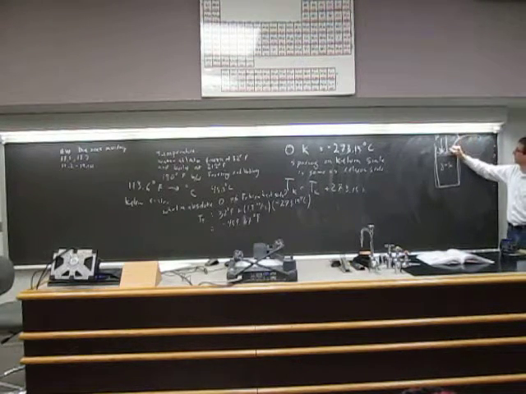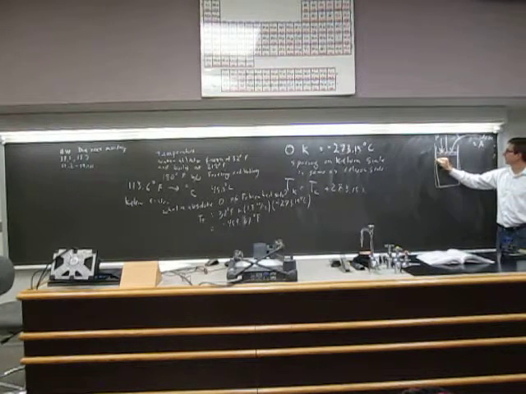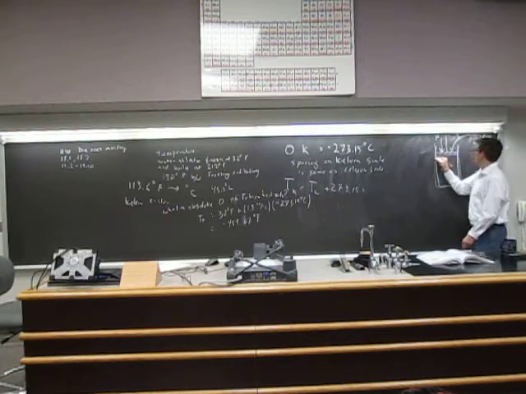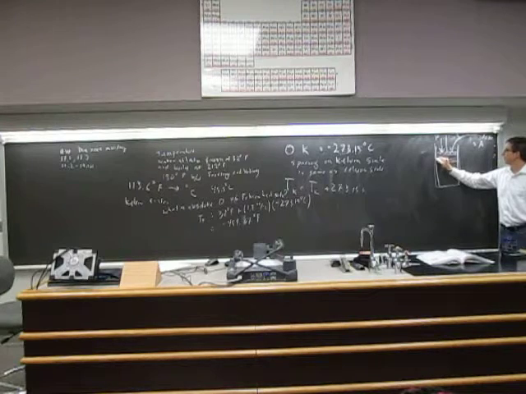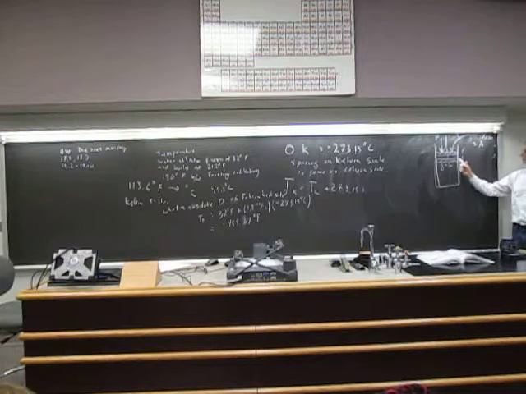Let's call the area of the cylinder head A, okay? Now let's say this cylinder head moved from this position, which I'm going to call the initial, to this one, the final position.